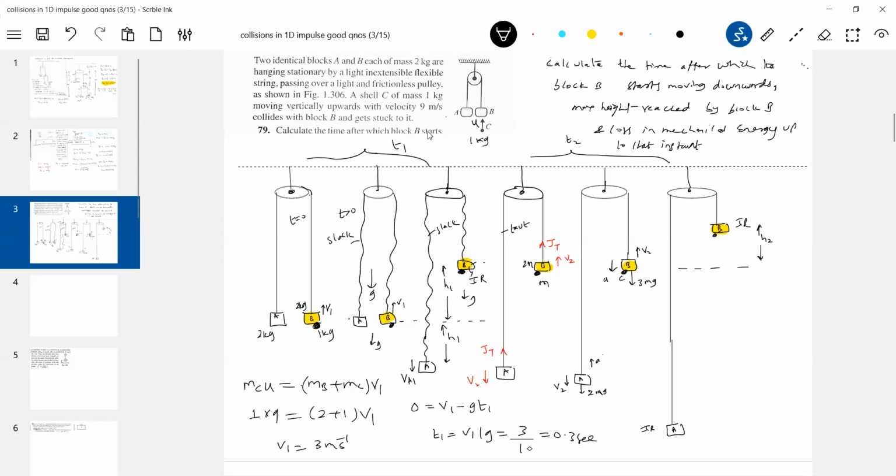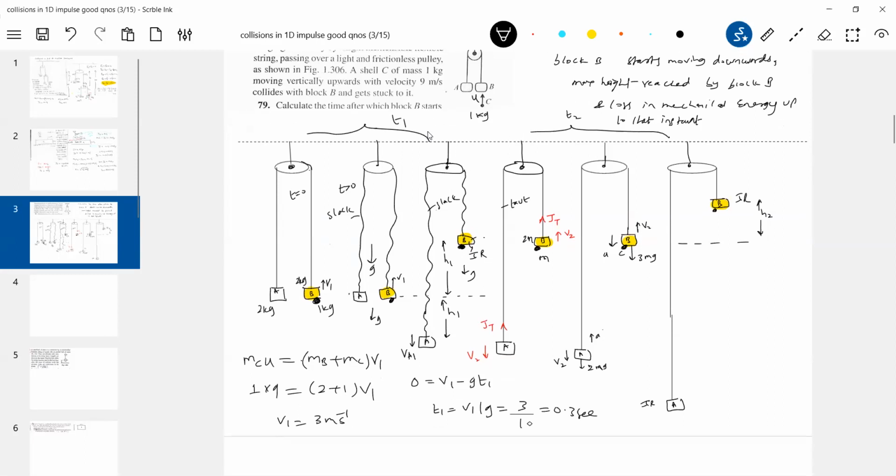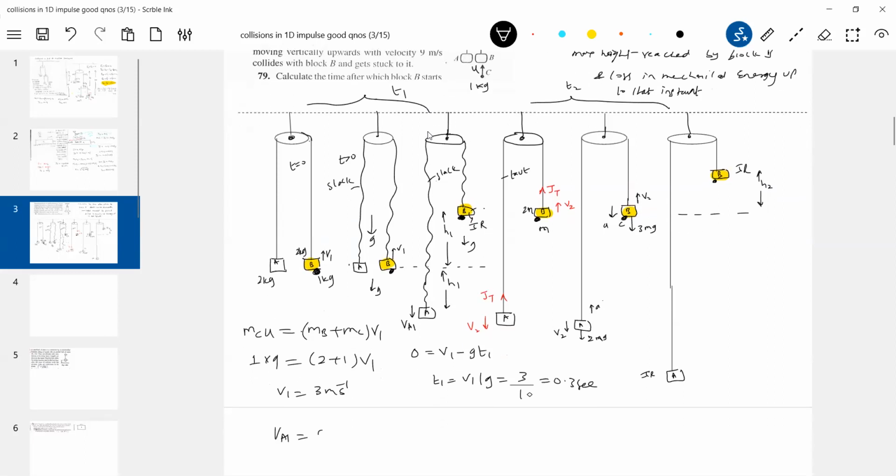Then after getting T1, can we calculate VA1? What should be the VA1? It will free fall, no? GT1, 10 into 0.3 meter per second.